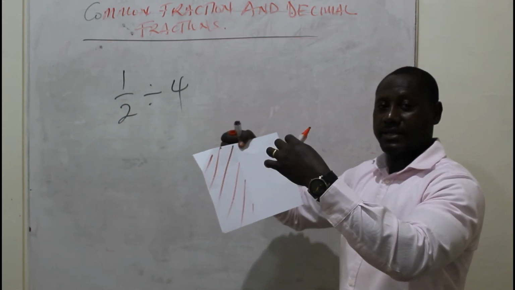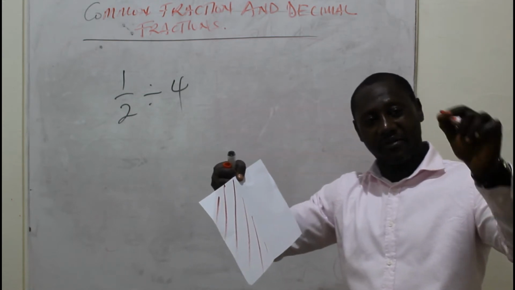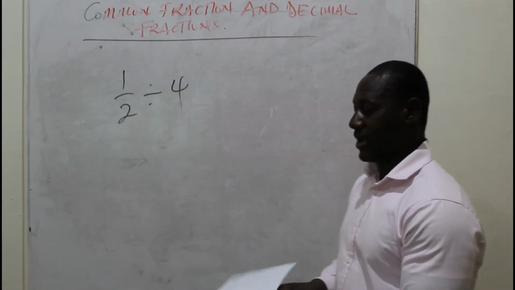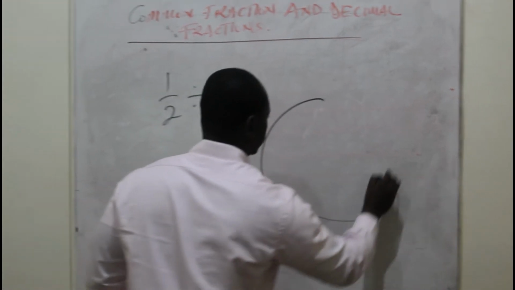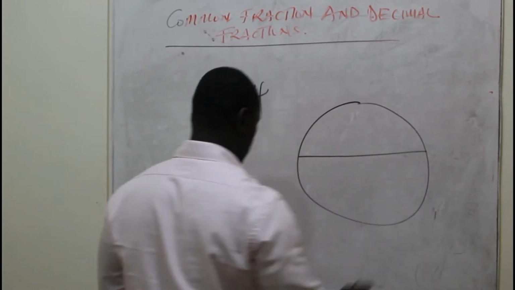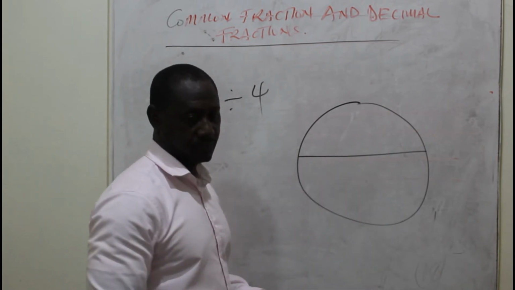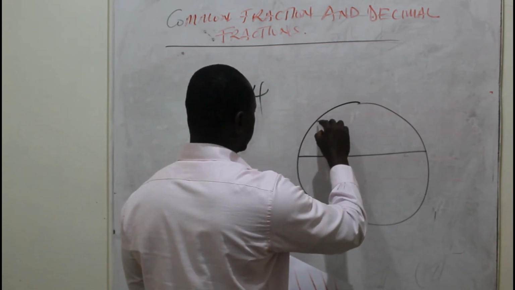In the implication, we are saying that if I have 4 human beings going to share a half, what will be the implication? Let me draw it here diagrammatically. Let's assume I have this divided into 2, so that this becomes the half. And this half I am going to divide into 4 equal parts.